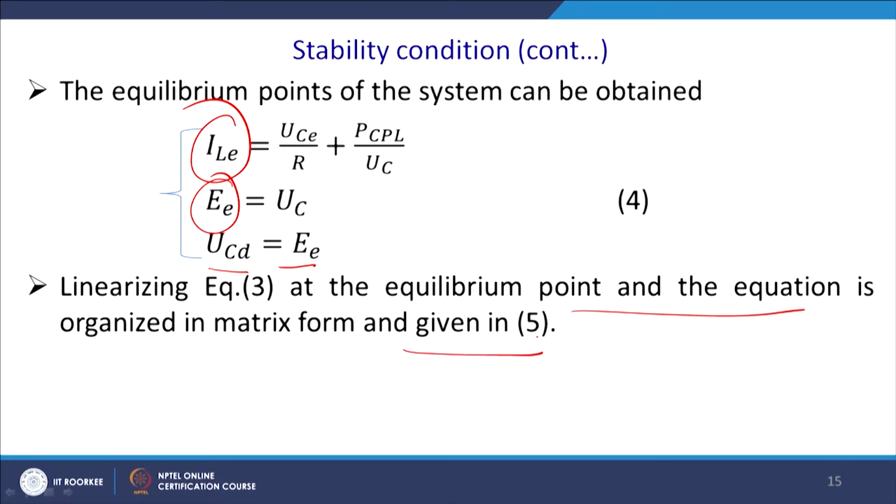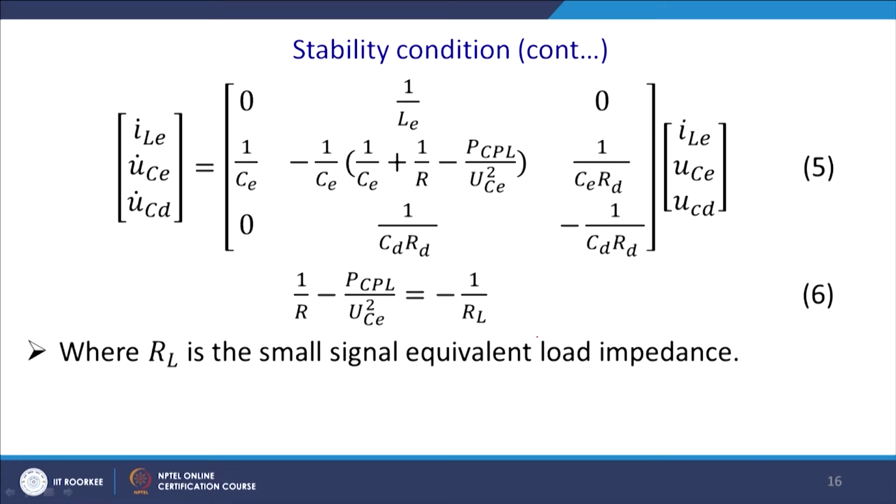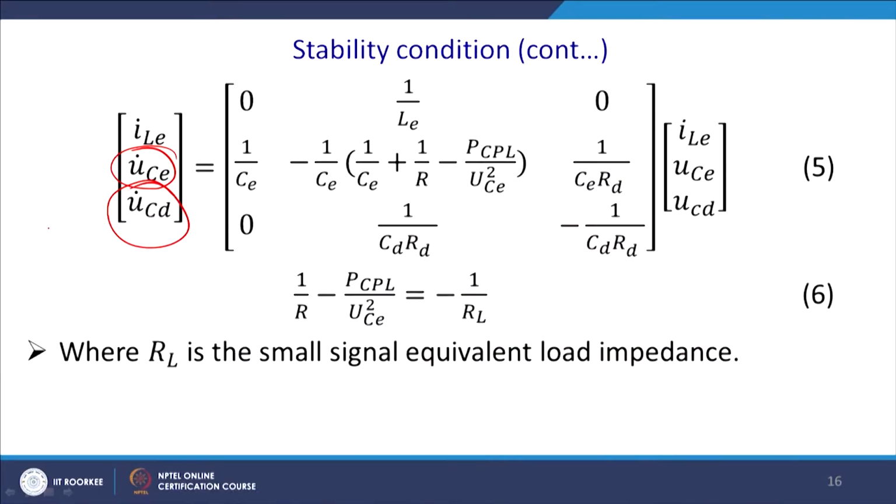This is the overall transfer function with this filter with the damping network. These are the state variables: the current through the inductor, the voltage across the capacitor, and the rate of change of voltage across the capacitor of this filter, and across this damping resistor.